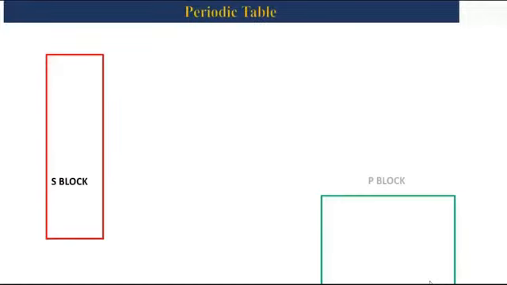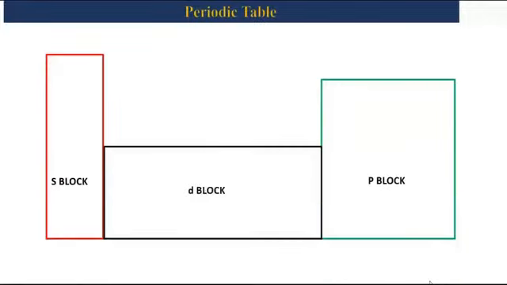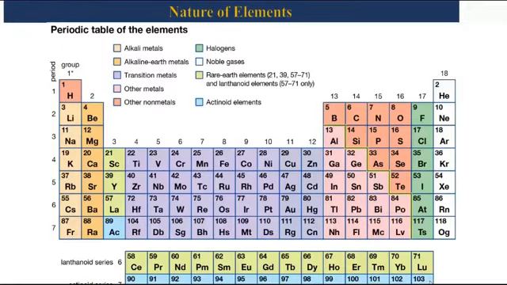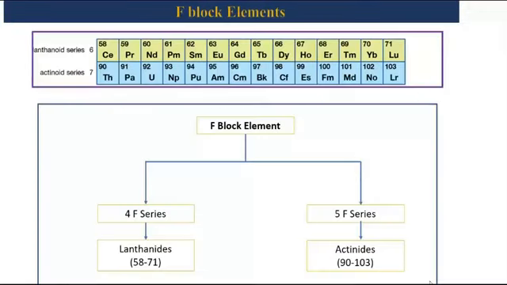Okay, now see, in the periodic table, you know where the f orbital is kept. Okay, I will start from here. F block elements are of two types. One is called 4f and another is called 5f. 4f corresponds to the lanthanide series. The lanthanide series starts from atomic number 58 to 71.